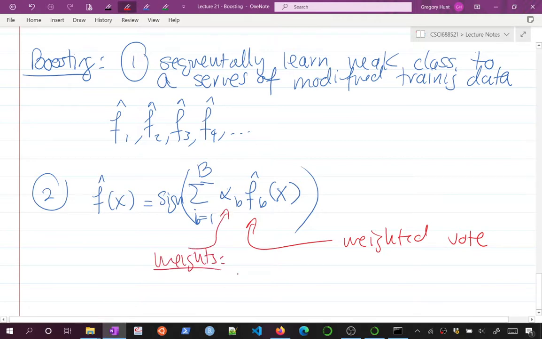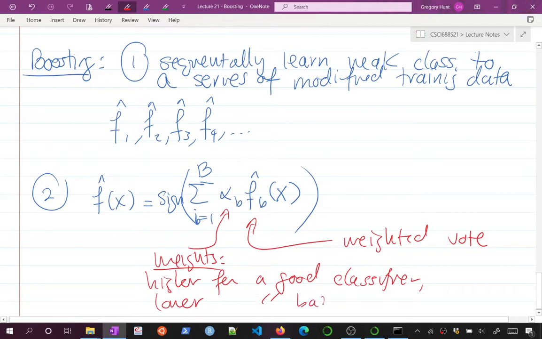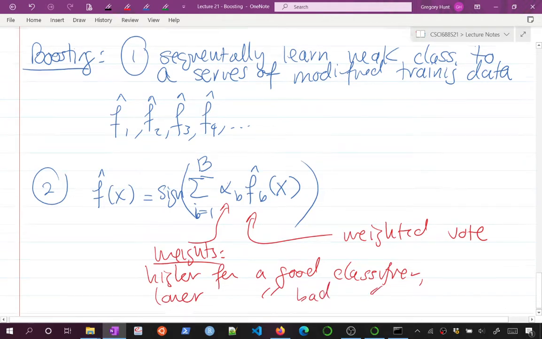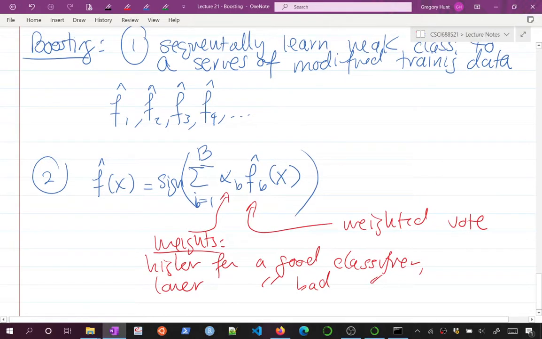My weights are going to be higher for a good classifier and lower for a bad classifier. So along the way, I'm going to learn these weights, which of these Fs do well and which of them do poorly. And my final vote is basically a weighted vote of these things.